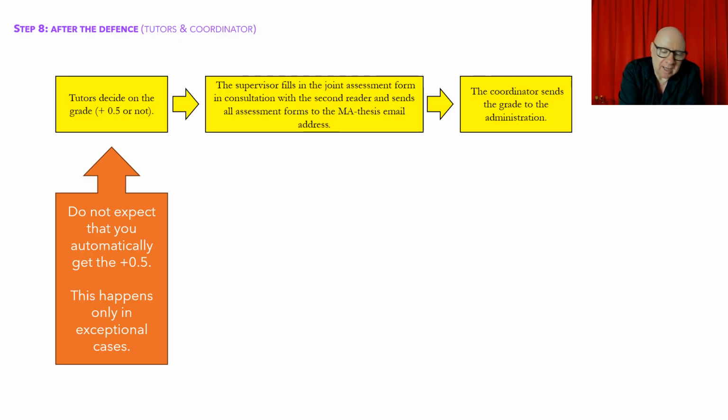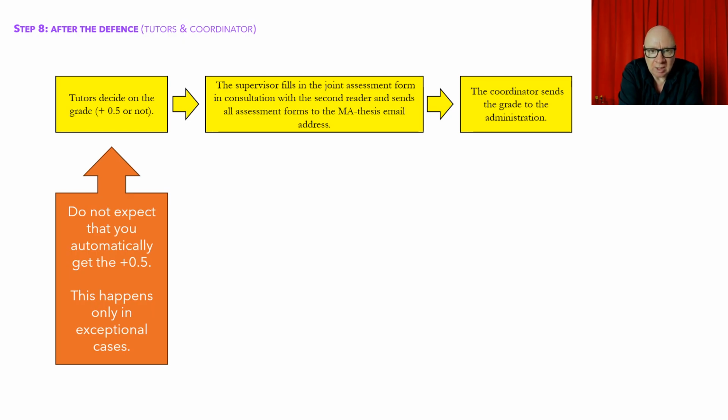After that, the supervisor fills in the joint assessment form in consultation with the second reader and sends that to the master thesis email address, and then the coordinator sends the grade to the administration. You will get the joint assessment, and you will also get a joint assessment earlier than this one.